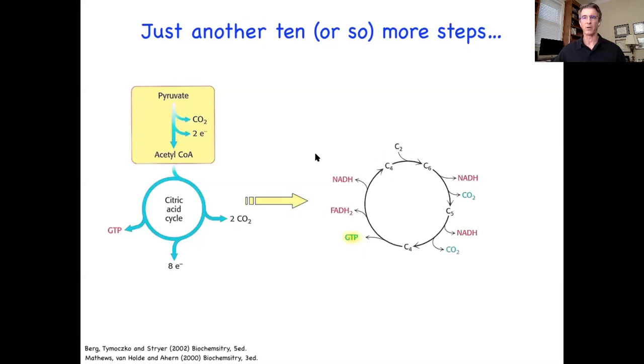Oxaloacetate is a 4-carbon dicarboxylic acid. Condense those to make a C6, the tricarboxylic citric acid. And then we're going to treadmill this around, throwing off a couple of CO2. So we're going to go from a C6 to a C5, then to a C4. And then it's a matter of some more oxidation steps to get this back up to oxaloacetate.